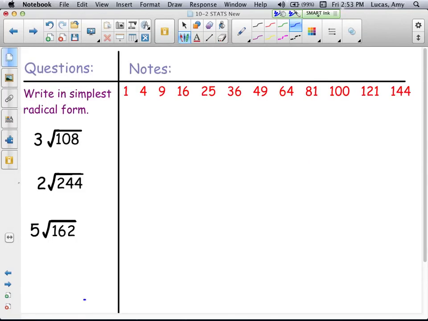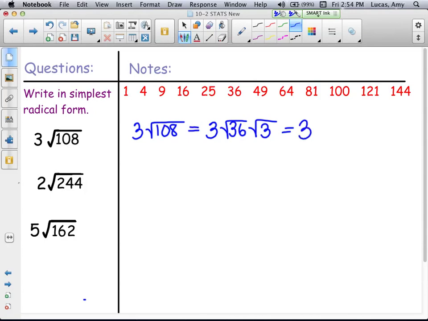Now our last slide, you notice that there's a number in front of each of these radicals. That number is being multiplied times the square root. So the first one is 3 times the square root of 108. I'm going to leave that 3 alone and simplify the square root of 108. 108, let's see, what can we divide that by? 36. 36 times 3.